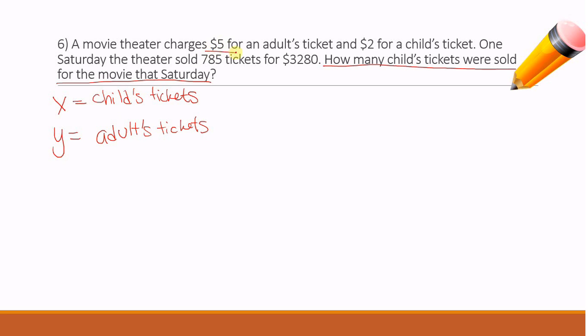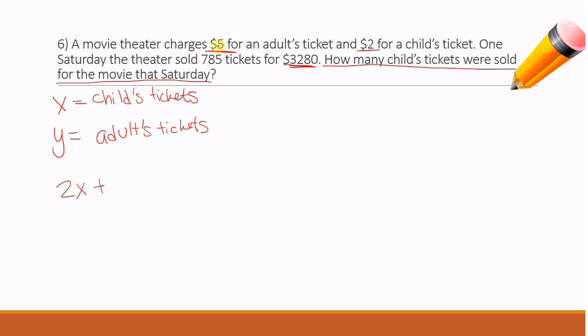So this one we're going to look over here. We know that's $5 for adults and $2 for kids. Do we have the amount that they totally raked in for this Saturday? We do, right? We have $3,280 for the total amount. So it's $2 for a child, so that would be 2x for all the kids that came.